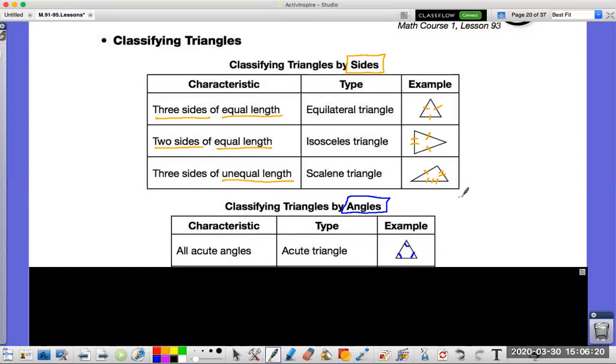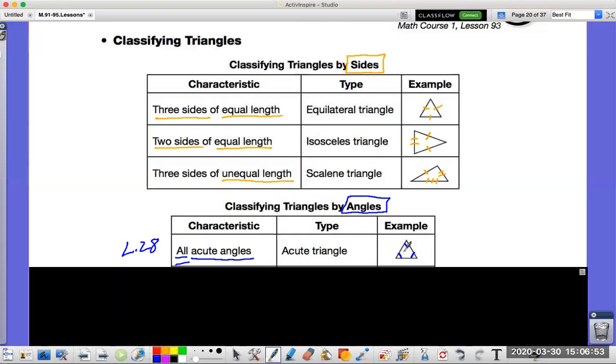So if you want to review what acute angles are, you can go back to that. But the acute triangle is basically just looking at all of those angles, and an acute angle here, an acute angle here, an acute angle here means that all of them had acute angles, and that's an acute triangle. So you can see that this equilateral triangle is also called an acute triangle.